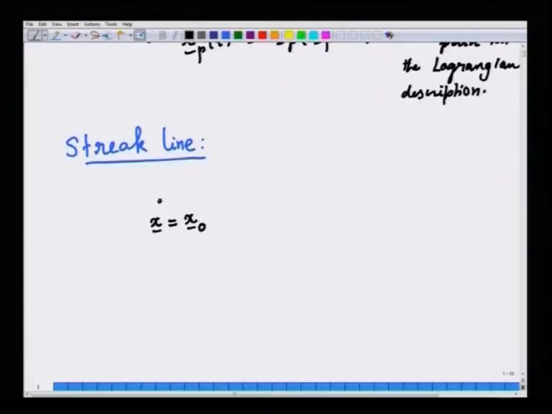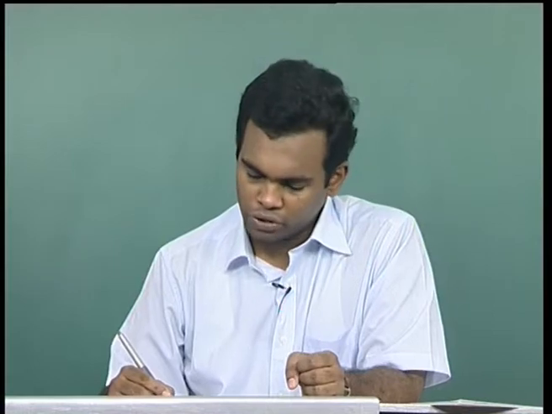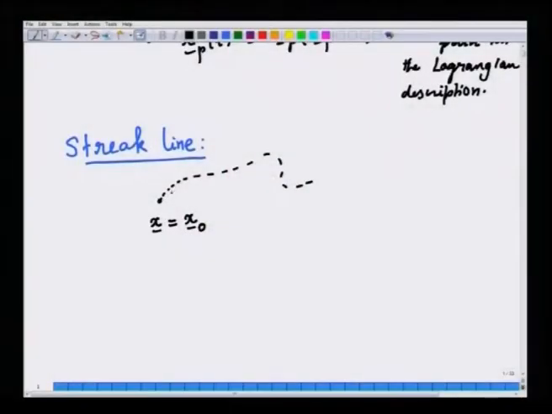You are continuously introducing dye, and this will eventually give you a trajectory of particles or dye molecules that are introduced continuously at the same point. So, you will essentially get a visualization, at a later time t, of particles that have all passed through the same point, but at various instances of time. That is the streak line.